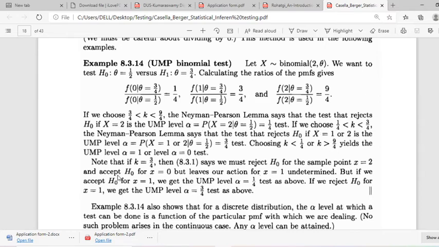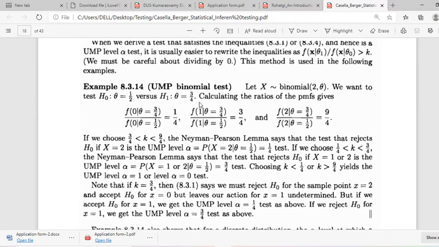That means we have to accept h naught for x equal to 0, because k is equal to 3 by 4. We are selecting k equal to 3 by 4 because we accept only when f1 by f naught is less than k.